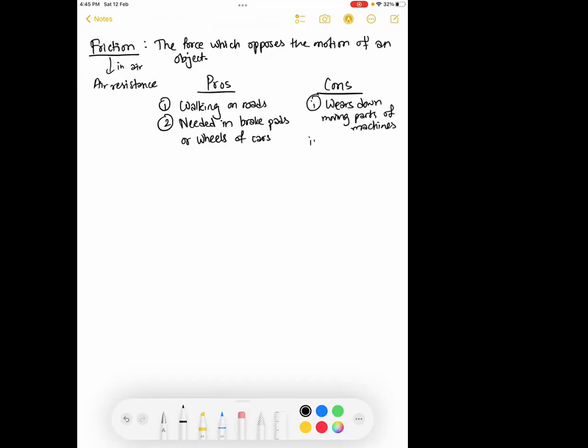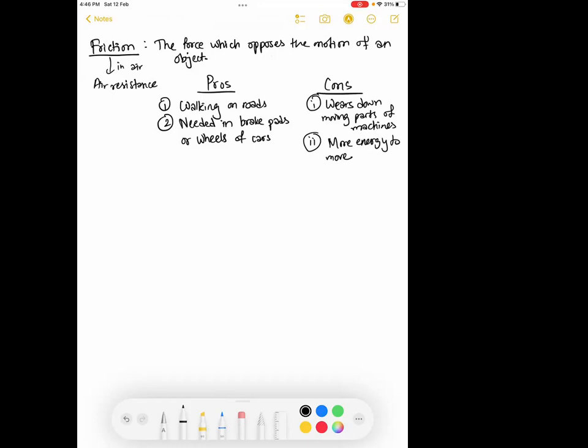For example, if an object is moving on a rough surface, due to friction, it needs more energy to move compared to a smooth surface. That's it. I don't think there's anything else to write.